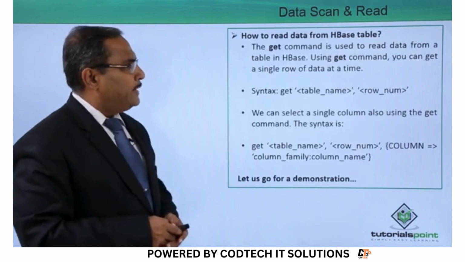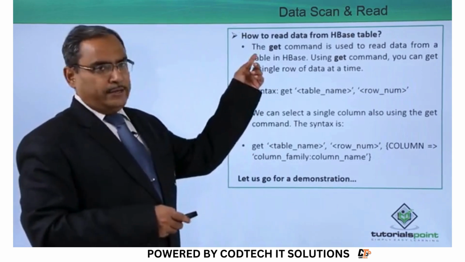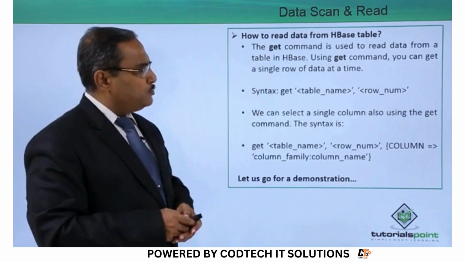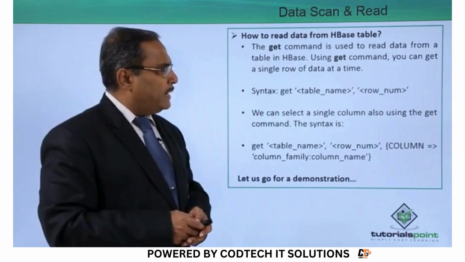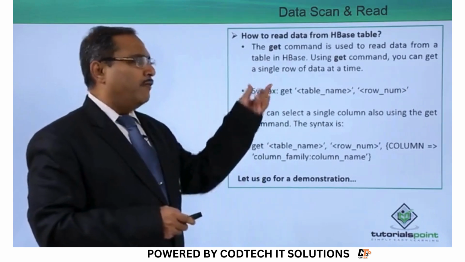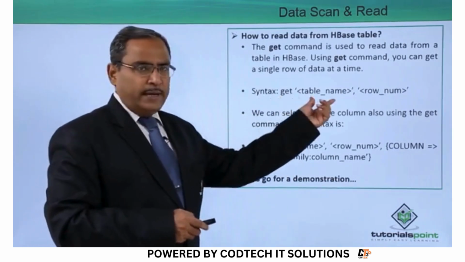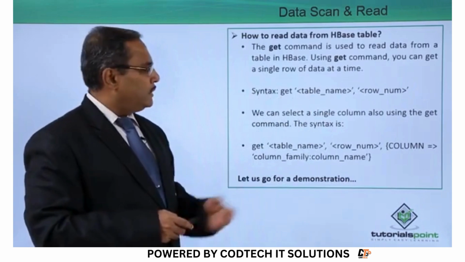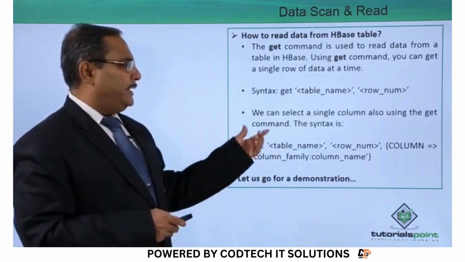Next, how to read data from the HBase table? The command will be get. The get command is used to read data from a table in HBase, and using the get command you can get a single row of data at a time. So the syntax will be get table name and then the row number. We can also select a single column using the get command.